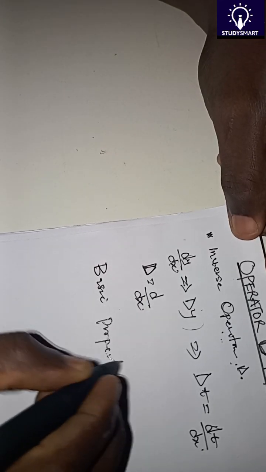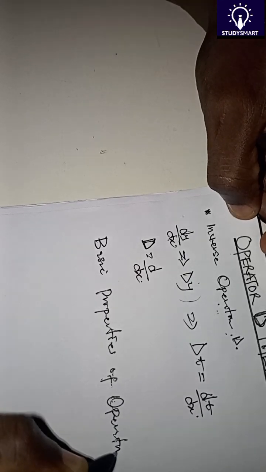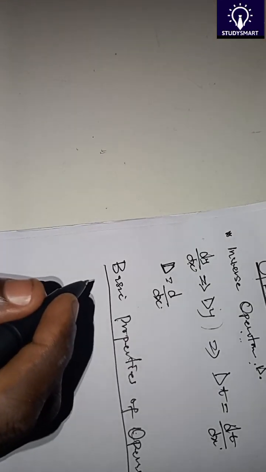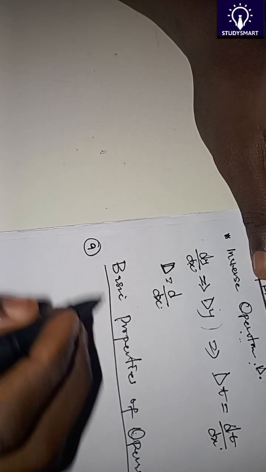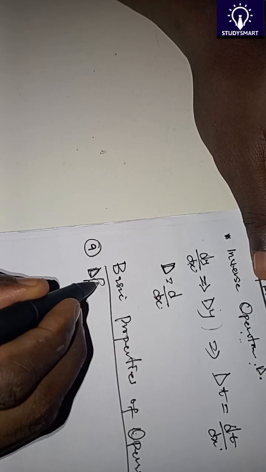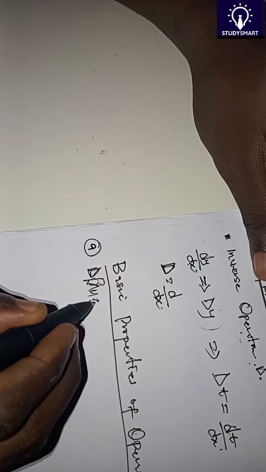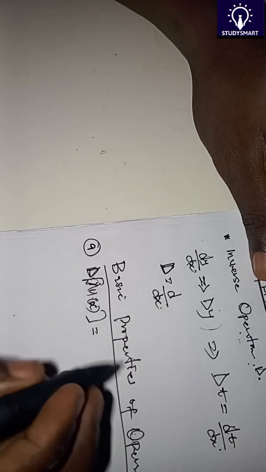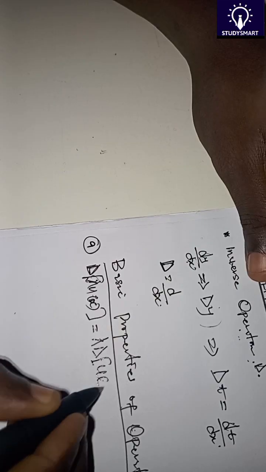Basic properties of operator D. The first property: if you have the operator D, that is d over dx, of the function lambda u of x, this means that I'm going to have lambda D of u of x.